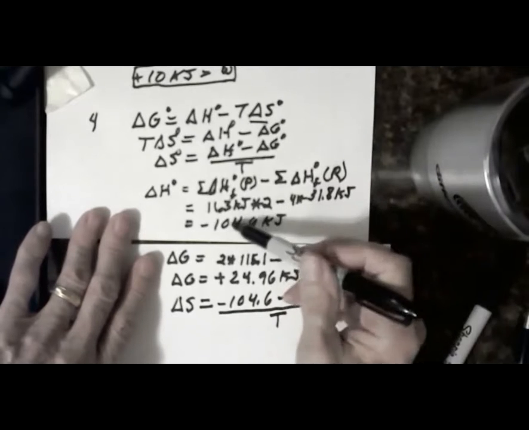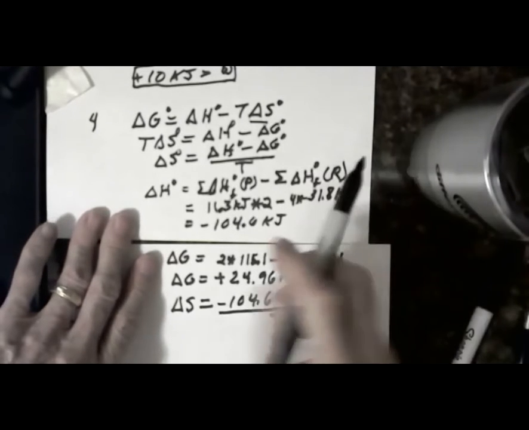So minus 104.6. Just for grins and giggles, I'm going to double check that one too. 2 times 11.3 minus 4 times 31.18.